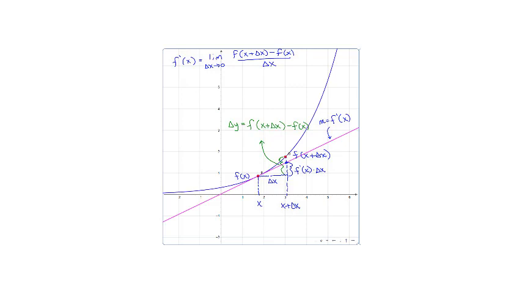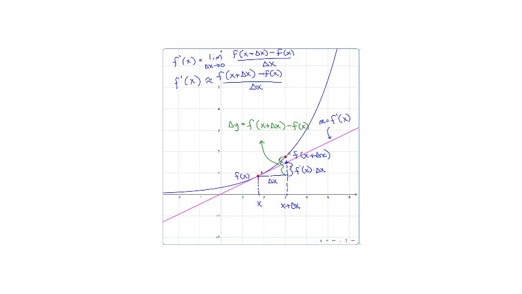Which means that if we take away the limit, the derivative is approximately equal to f of x plus delta x minus f of x, all over delta x. Taking away the limit takes away our precision with this derivative, and it switches us from using tangent lines to effectively secant lines, which are approximations.